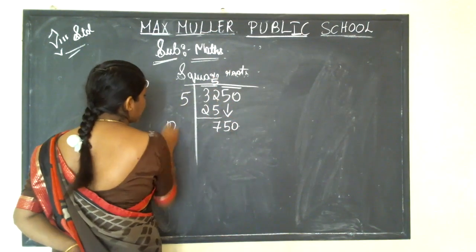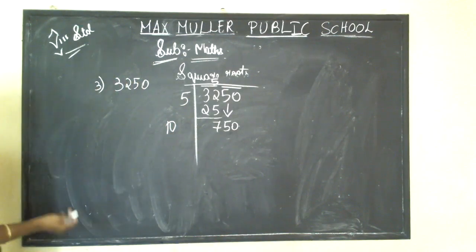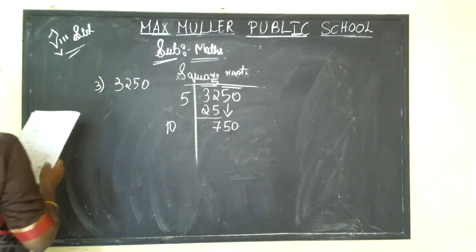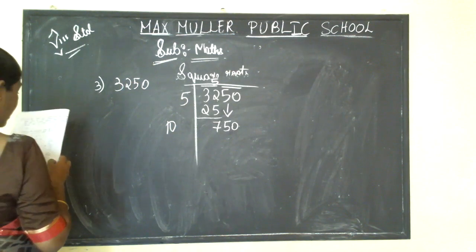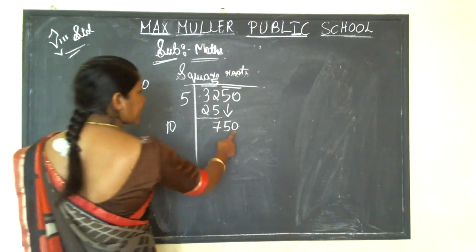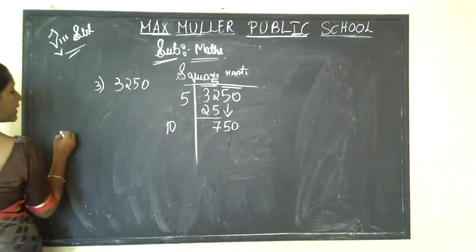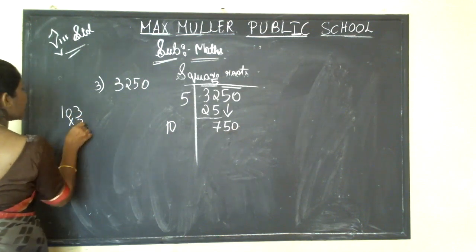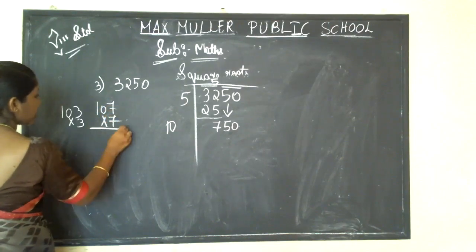So double this number, you will get 10. Now you have to do, as the number is 0, you have to see for 1 or else 10. You have to see for the next number, that is for 3 or else for 9. That is 103 into 3 or else 107 into 7. 7 7s are 49.